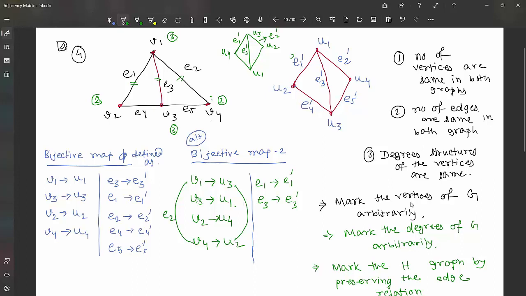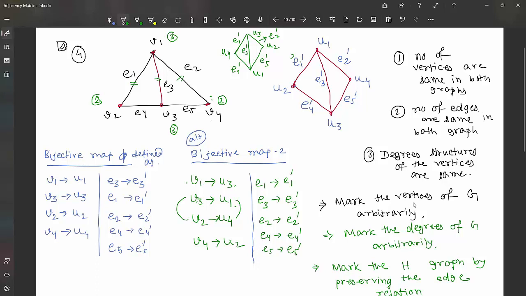So E2 again goes to E2 prime. Now in the next stage, between V2 and V3, that means U1 and U4. So in between U1 and U4, you will get E4 prime, and similarly E4 goes to E4 prime, and E5 goes to E5 prime.